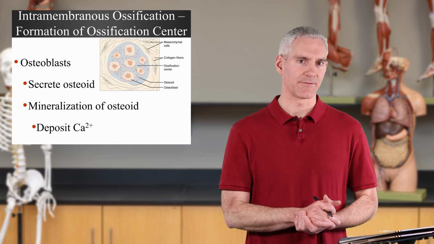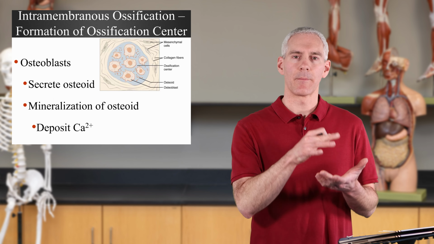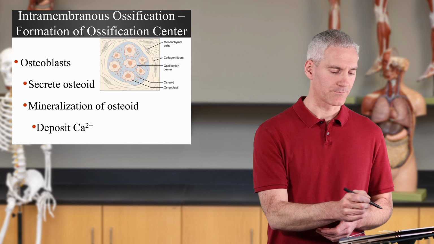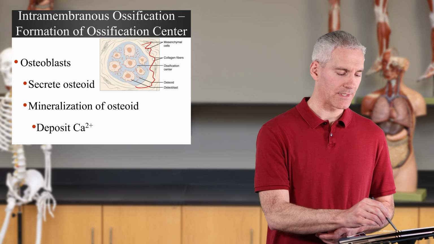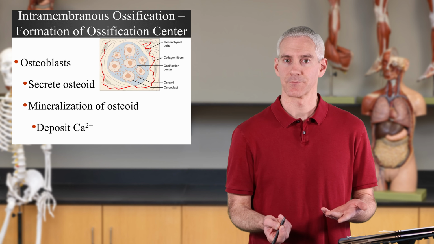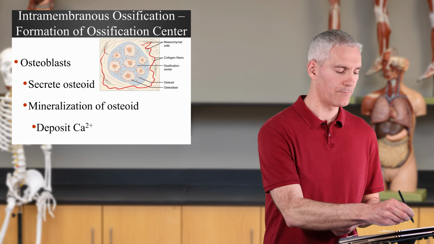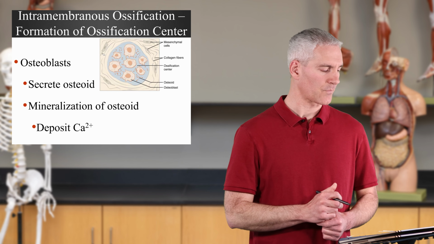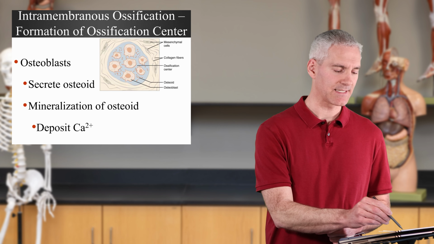So to start things off, we'll start with the basic membrane. In this diagram here, you're seeing all of this out here. That's all membrane. It's mesenchyme. So we have this initial membrane to start with. Then in that initial membrane, you're going to have osteoblast cells.